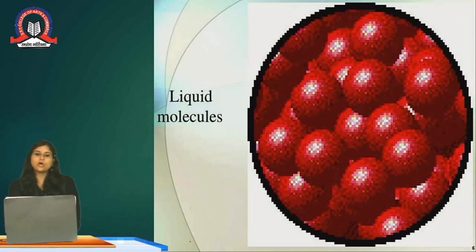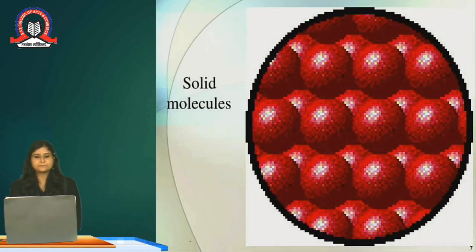Now, when we talk about liquid molecules, we know they are more compactly arranged compared to gases, but still some spaces are there between the molecules or atoms. Because of that, they are volatile. They can take the shape of any container.